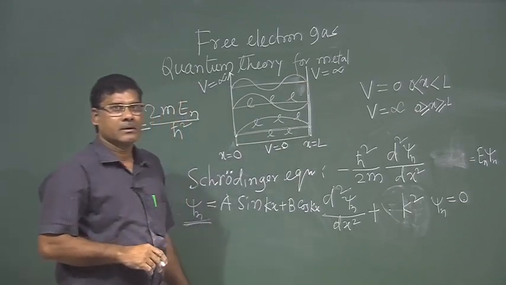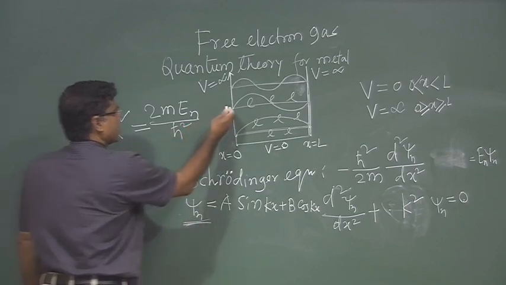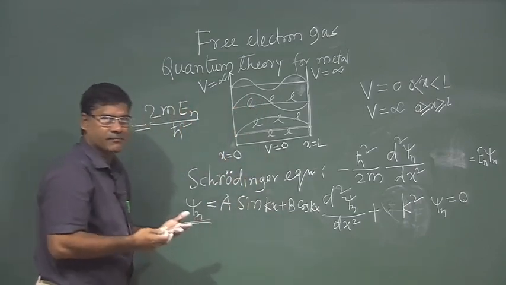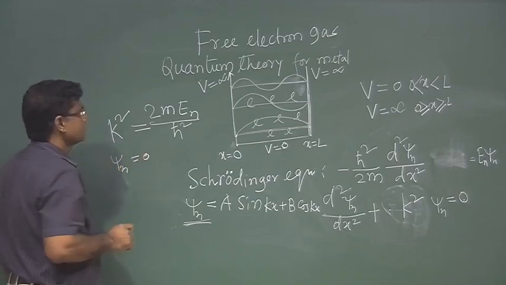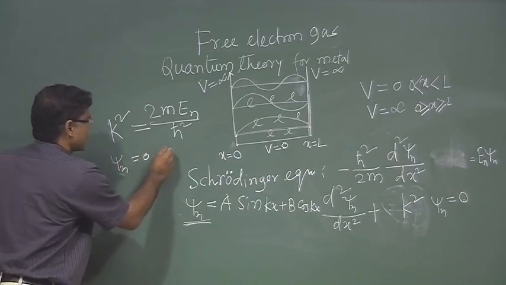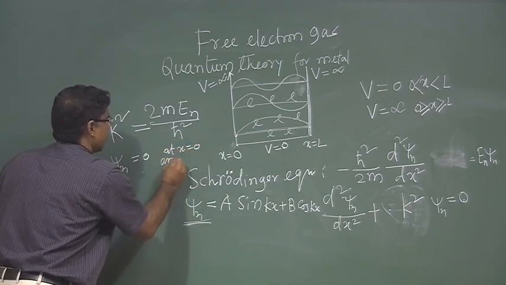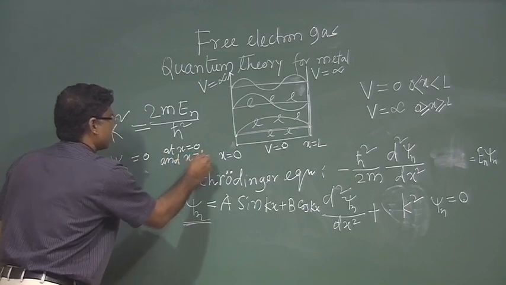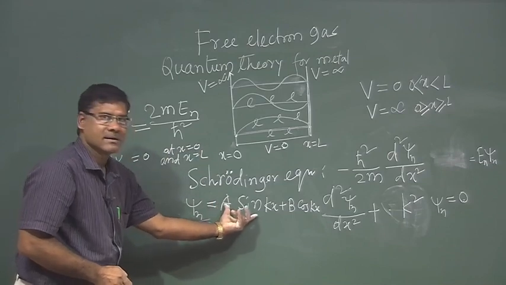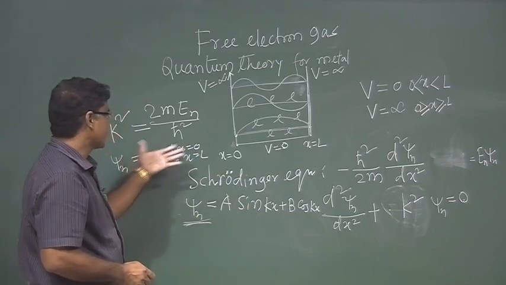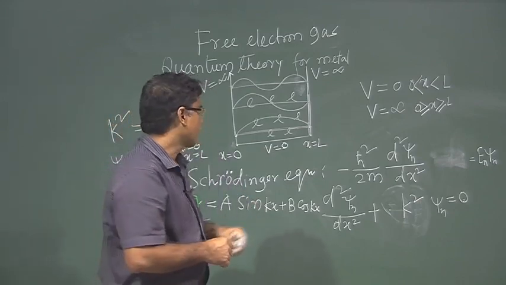Here we have to put the condition because we have to be realistic. So psi n will be 0 at x equal to 0 and at x equal to L. This is the boundary condition. This is the general solution. Now we have to apply this boundary condition and make it more particular for our system.